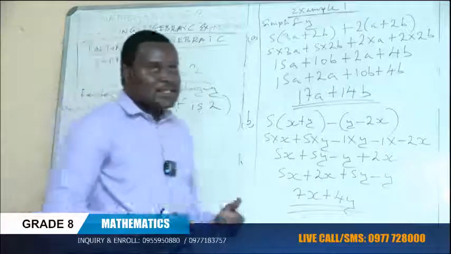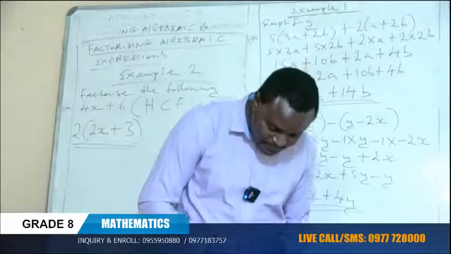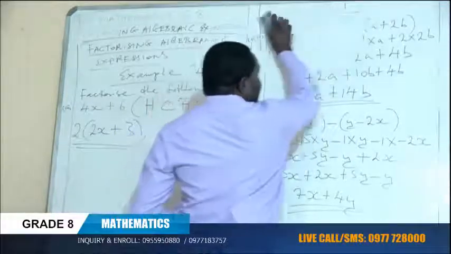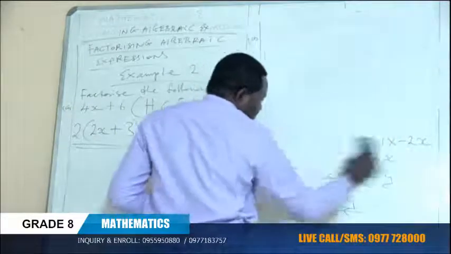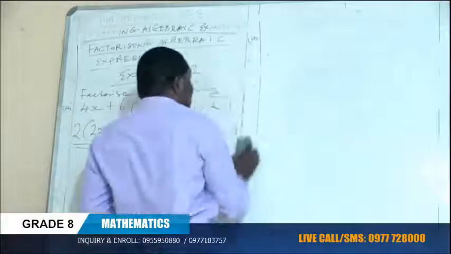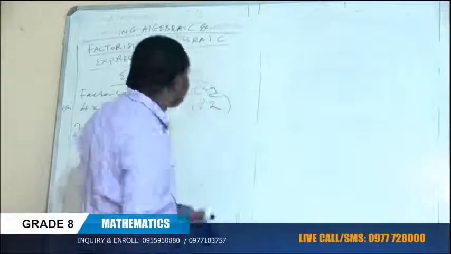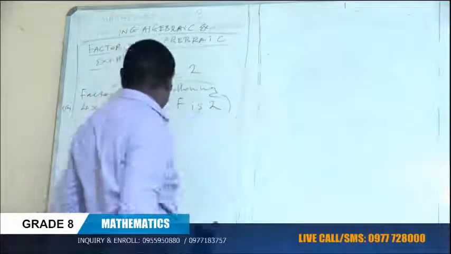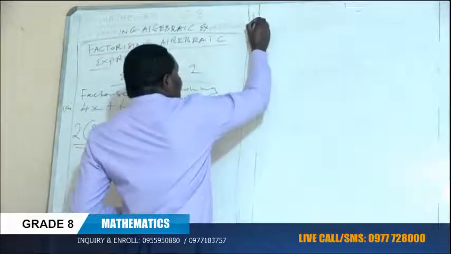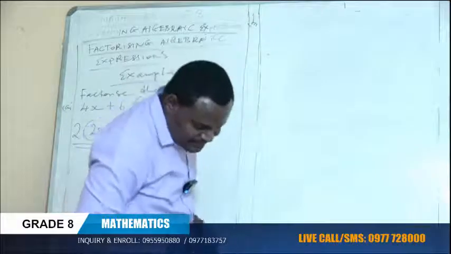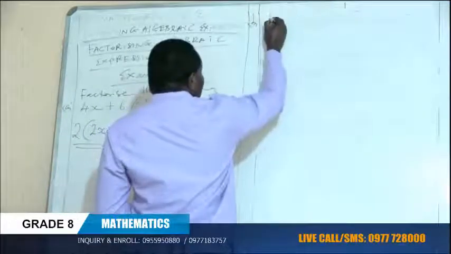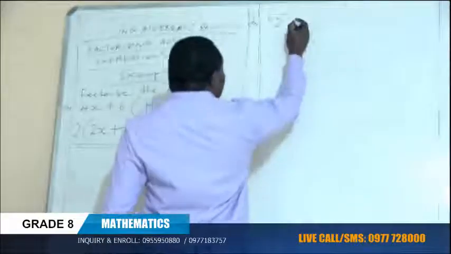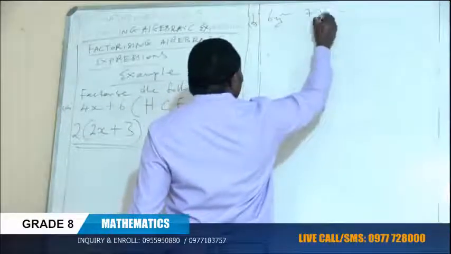Let's go to our second example under this. Hope you have copied this part of the questions. Question B is 6y squared minus 7y.